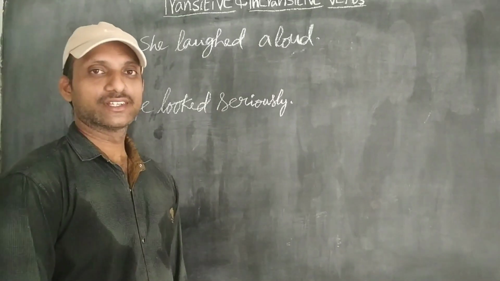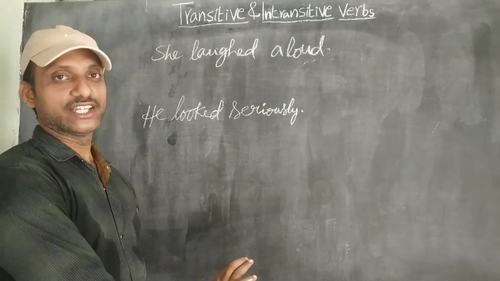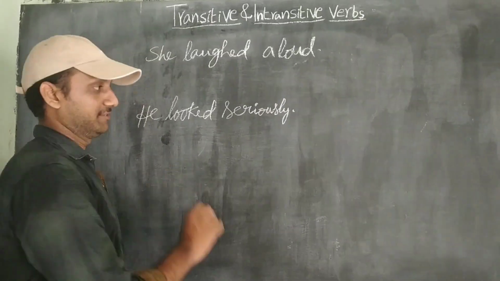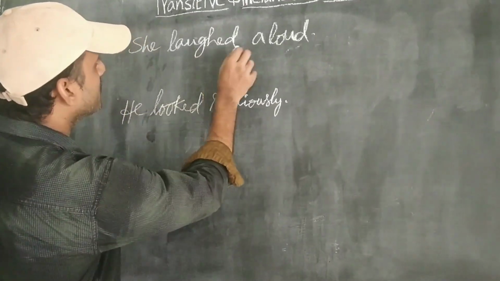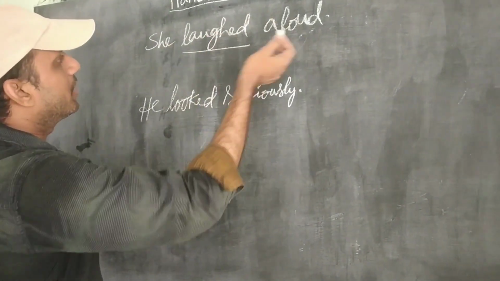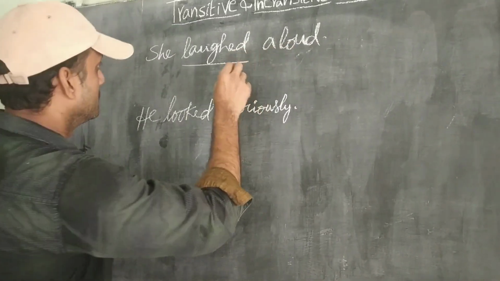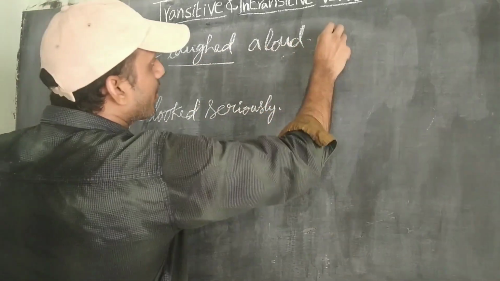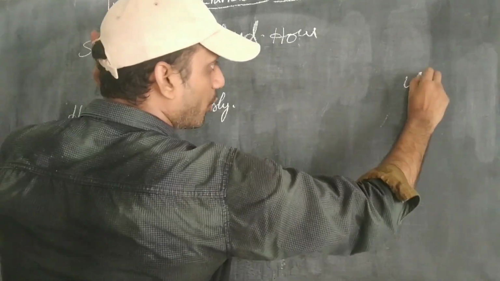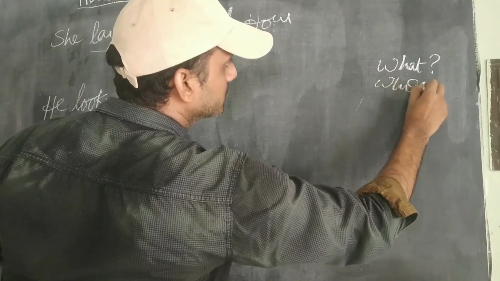Now we are going to learn how to change an intransitive verb into transitive. Let us see. She laughed aloud. Can we consider it as an object? See here. How did she laugh? No. What or whom, only chance for what or whom.